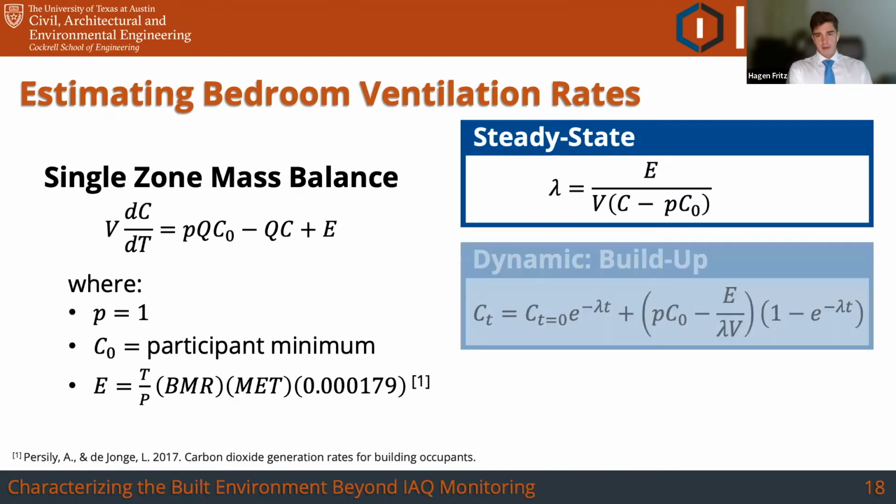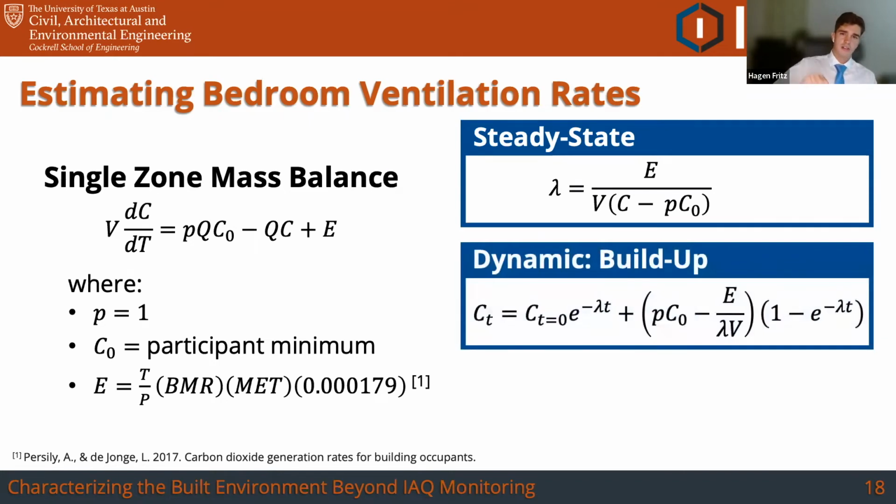We can also do a more dynamic approach where we look at the initial increase in concentration once the participant enters the space. Now we're solving for the concentration with respect to time at each of these points. What we're trying to do is calculate the concentration at each of these times by varying the lambda, which you can see is now in the exponent, to match our calculations with what we measured.